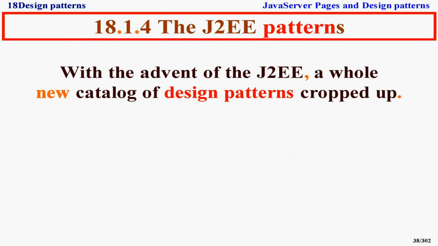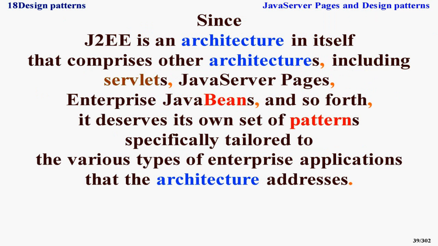With the advent of the J2EE, a whole new catalog of design patterns cropped up. Since J2EE is an architecture in itself that comprises other architectures, including servlets, JavaServer Pages, Enterprise JavaBeans, and so forth, it deserves its own set of patterns specifically tailored to the various types of enterprise applications that the architecture addresses.